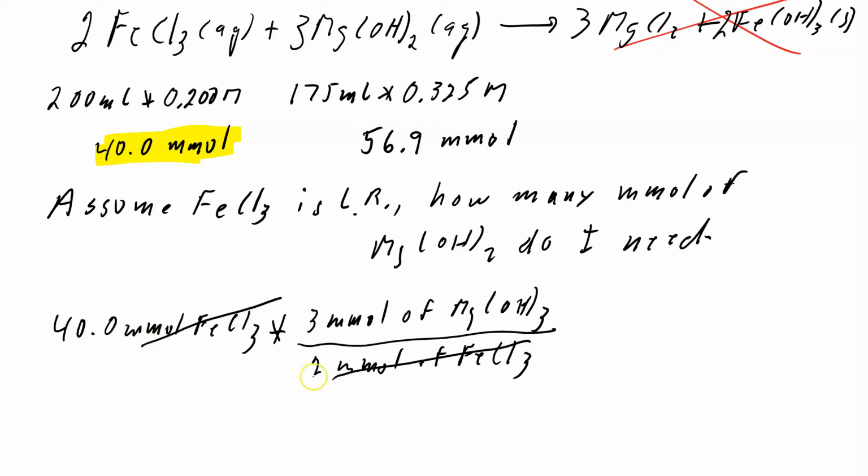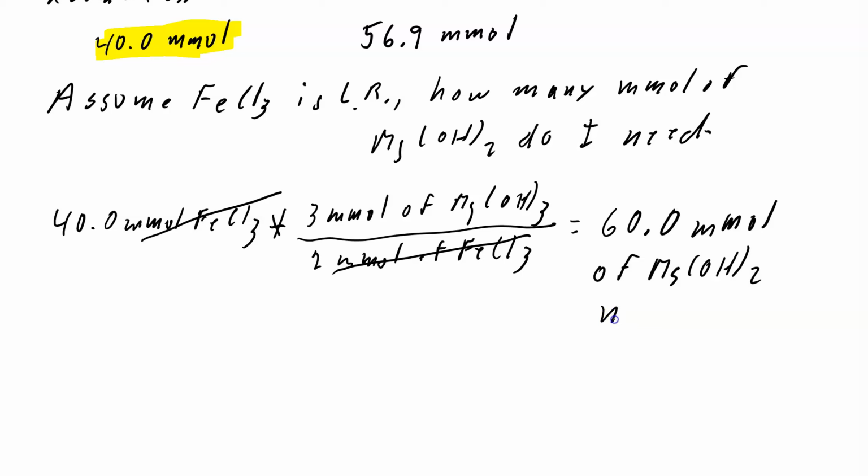My 2 does not. So I multiply 40 times 1.5, which gives me 60.0 millimoles of magnesium hydroxide needed. That's how much I need of magnesium hydroxide.